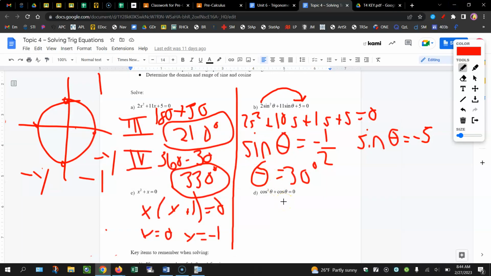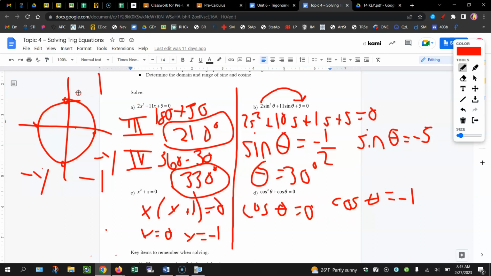For the second one, I'm going to go right down here where we had x equals 0, x equals -1. So cosine theta equals 0 and cosine theta equals -1. What we're going to have to do here is use the unit circle. These are special values. Cosine is x.